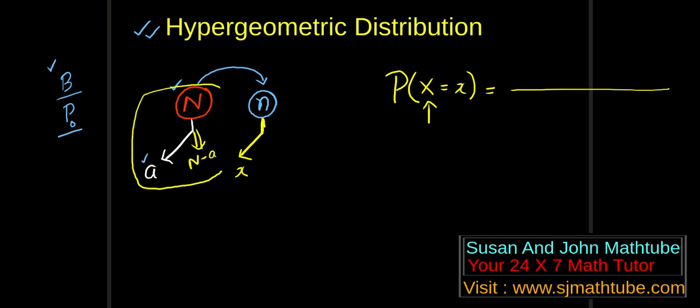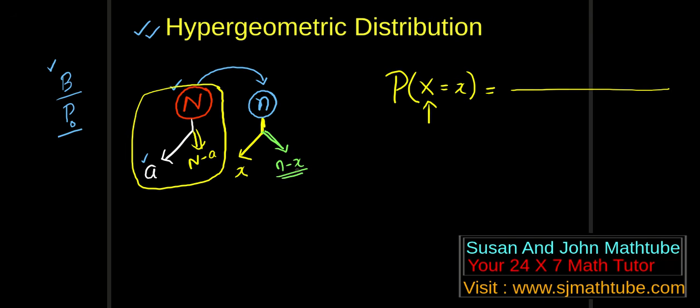So here we go. And from this capital N, you selected a sample of size n. And you're trying to find the probability you will get x which have those special properties. And of course, that implies you're going to get n minus x which are not that special.